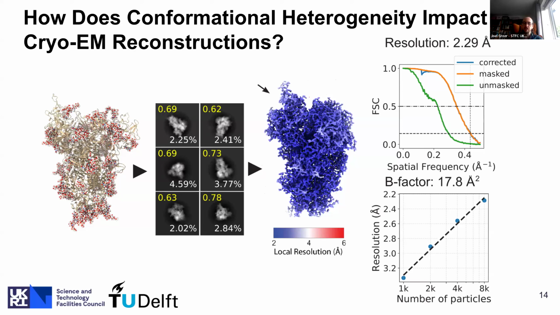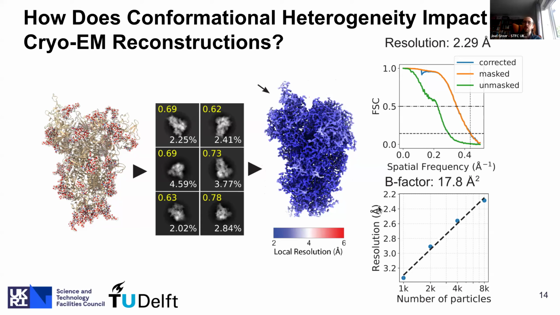Finally, in order to get a sense of exactly how much our signal is actually attenuated, we compute the B factor via a reslog plot. This is where we take subsets of our total particle sets and compute the resolution of each of these subsets using the FSC, as I explained above. And then we compute the gradient of this best fit line, which allows us to get an estimate of the B factor.